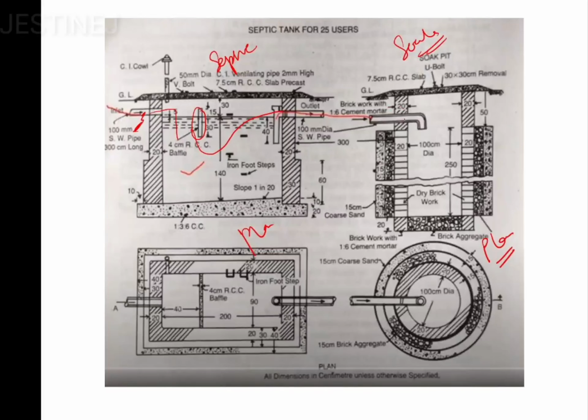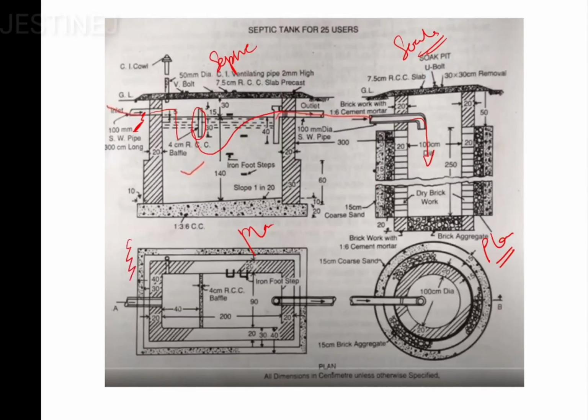The liquid matter will go to the soak pit, settle down, and move on to the air surface. That is the case of this septic tank and the soak pit.